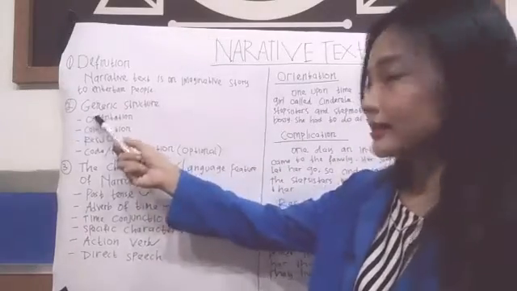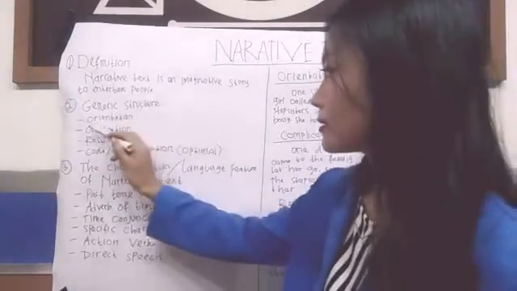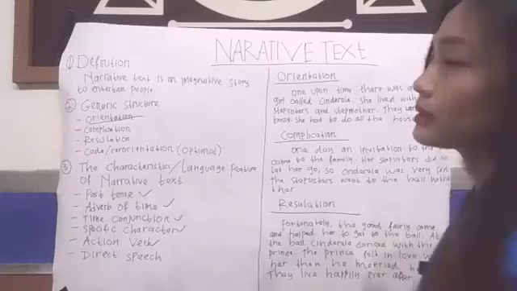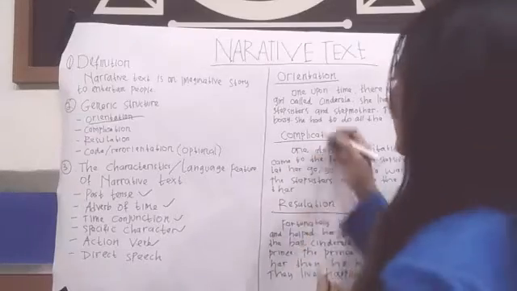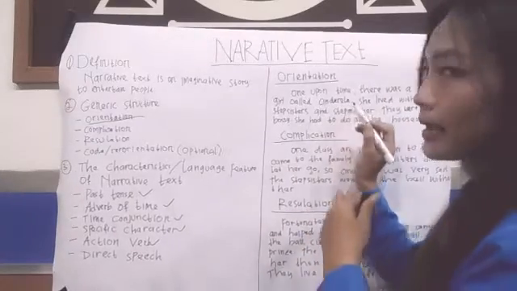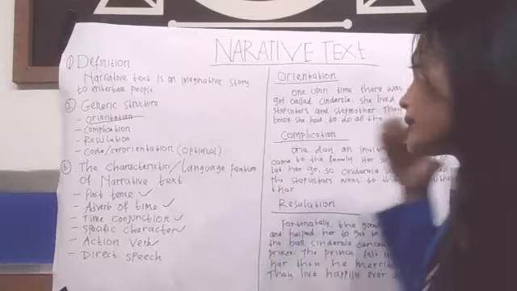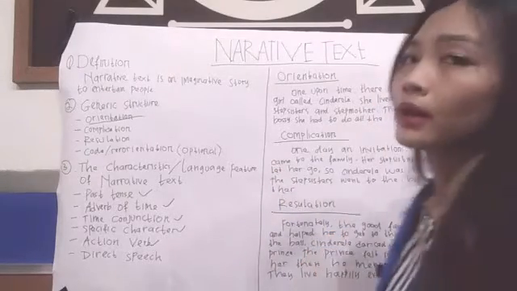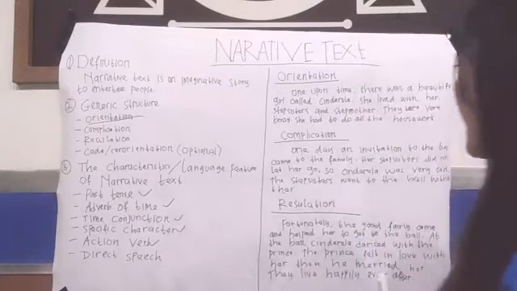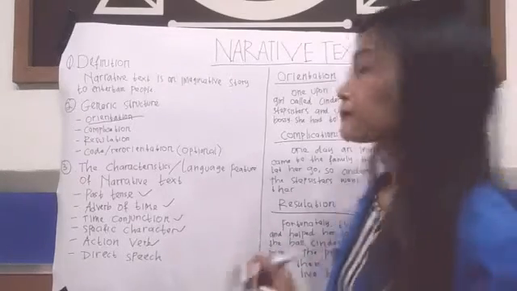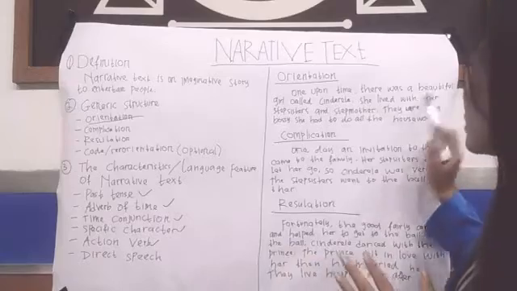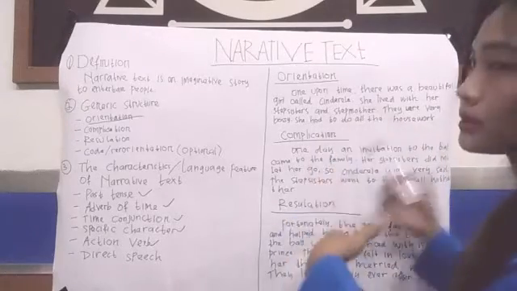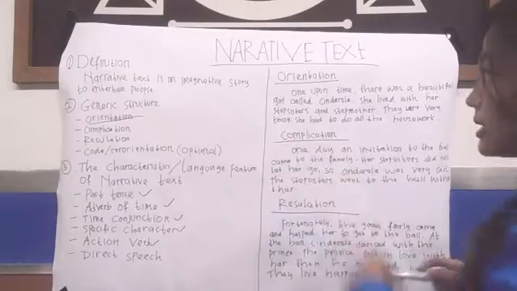Okay, next. For the example of orientation, you can see: once upon a time. Once upon a time is used to introduce the first paragraph of the story. And next, there was a beautiful girl called Cinderella. This introduces the people in the story.